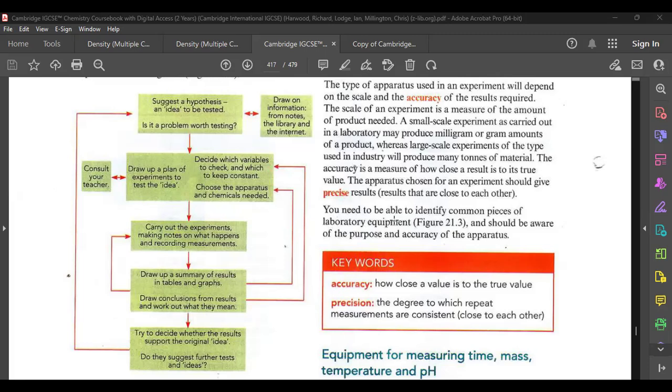After the first step, the following step would be what? We are going to draw up a plan for the experiment, and we are going to decide which variables to change and which variables to keep constant.